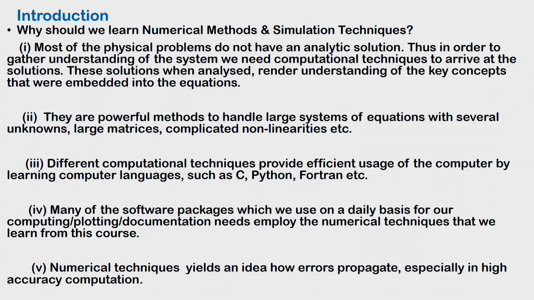Now, it is important for us to have an idea of how these errors propagate from one step to another as we carry out this computation. And as I said, these are essentially relevant in high precision or high accuracy computation.